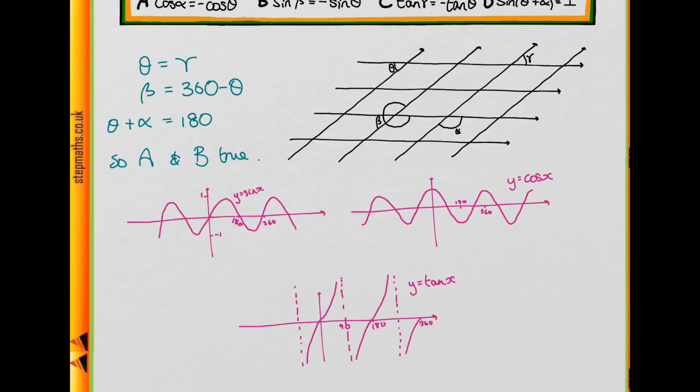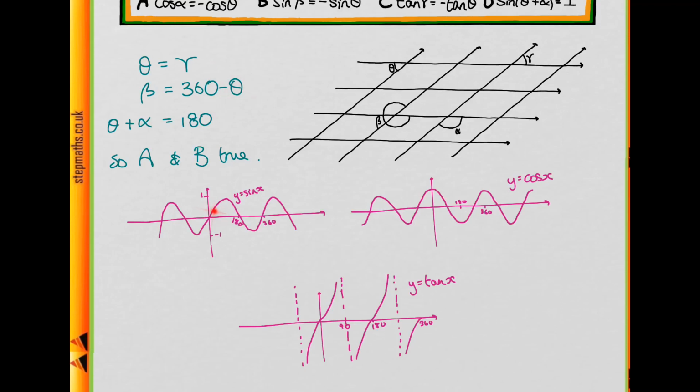Similarly, for B, we have that sine beta equals minus sine theta. So we need to look at the sine graph. So if we let theta be, say, somewhere here, then we can see that beta is 360 minus theta.